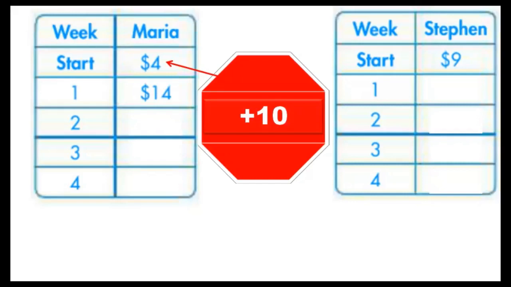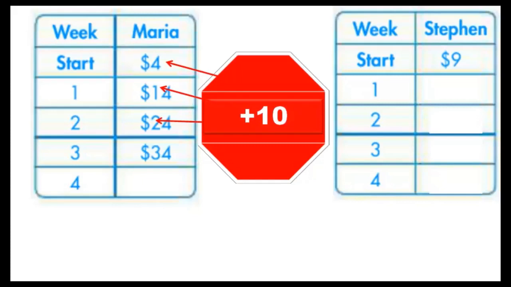To get the amount of money that she saved in the second week, you are also going to add 10. 10 plus 14 equals 24. This is the amount of money, $24, she saved in the second week. What about the third week? The same. 24 plus 10 will be $34 in the third week.